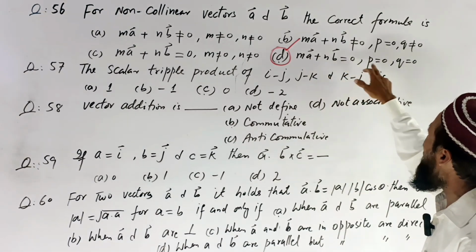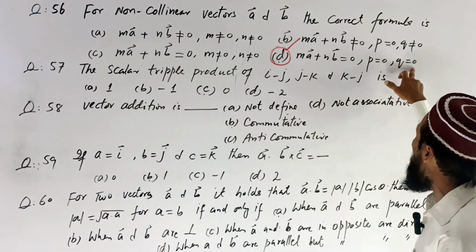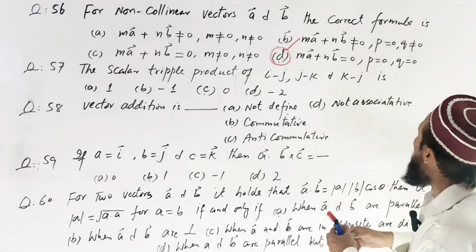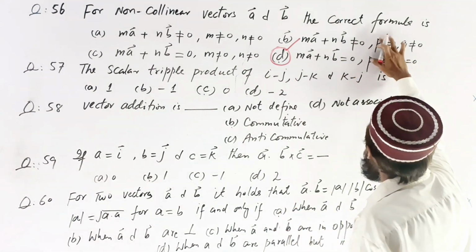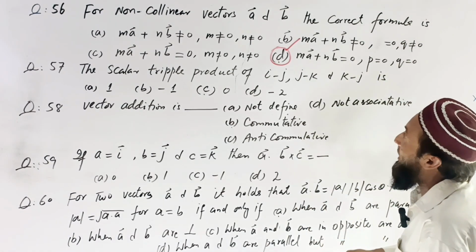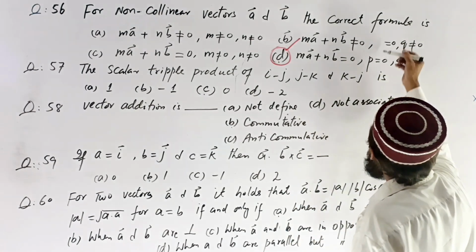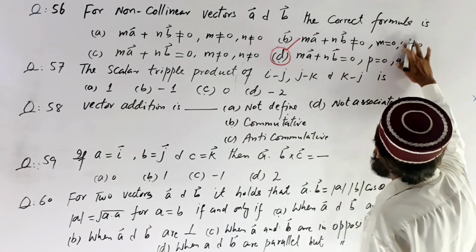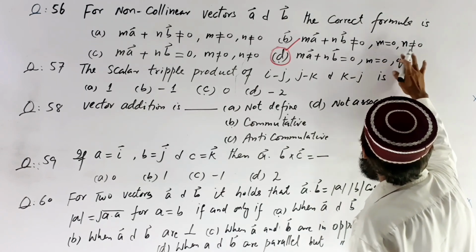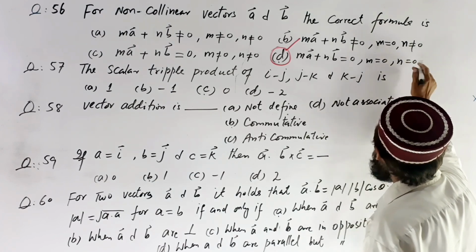And in case of p equal to 0 and q equal to 0, if we put m and n in the place of p and q, both m and n are equal to 0.